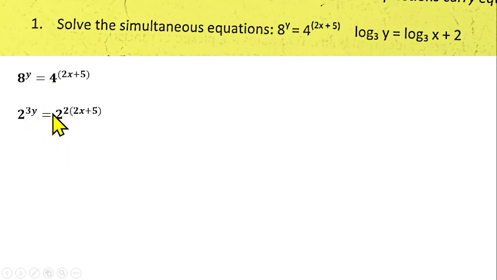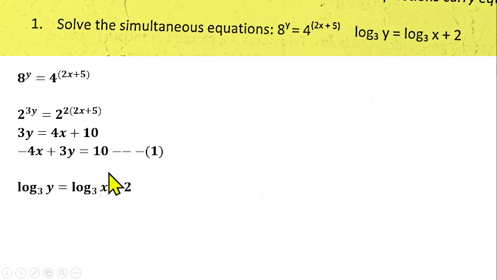Then, multiplying the brackets, the base can cancel the base, so you have 3y equals 4x plus 10. If you collect like terms, taking 4x to this side, you have minus 4x plus 3y equals 10. You can call that equation 1.